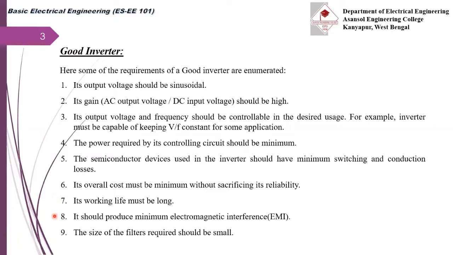Number 8, it should produce minimum electromagnetic interference so that the distortion may become less in the output. Number 9 and the last one, the size of the filters required in the inverter circuit must be very small.